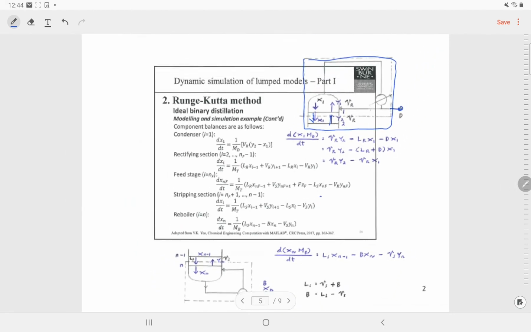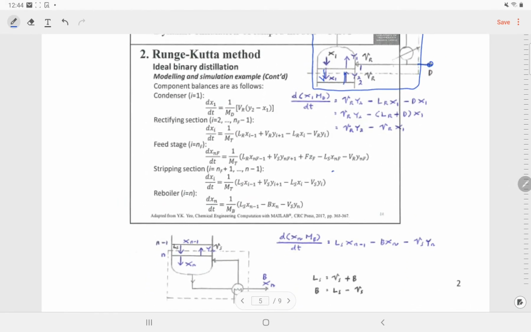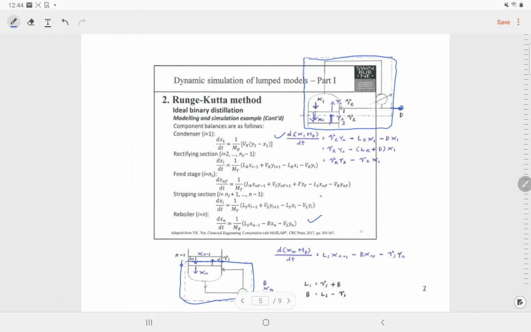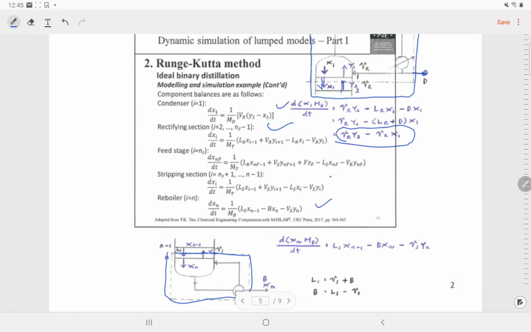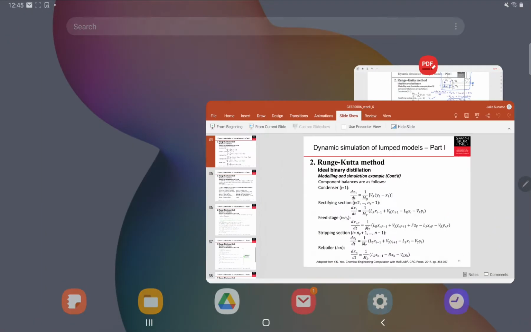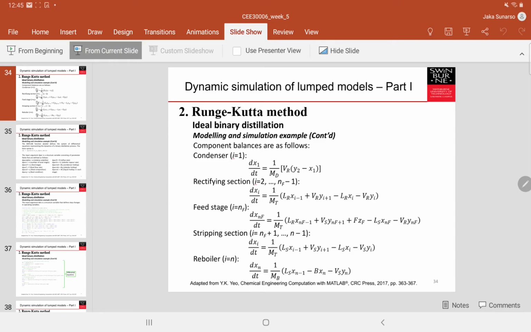For the reboiler, you have to focus on these reboiler sections to derive these things for the condenser and reboiler. If you do everything properly, you will get the same as what I derived here. This one is for the condenser, and this one is for the reboiler. Now I move back again.